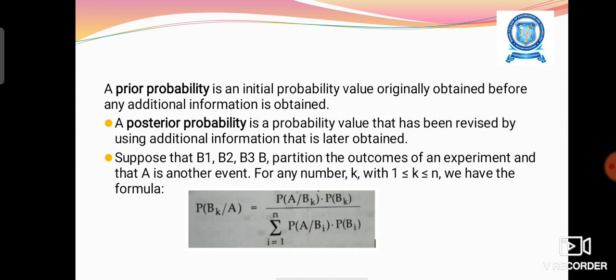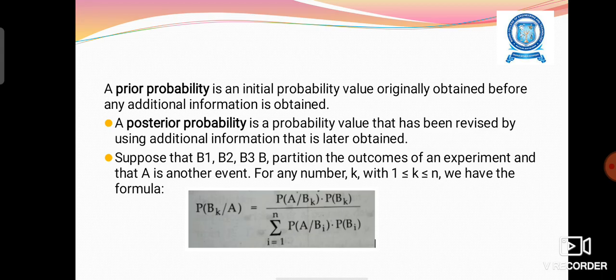A prior probability is an initial probability value originally obtained before any additional information is obtained. But a posterior probability is a probability value that has been revised by using some additional information that is later obtained.